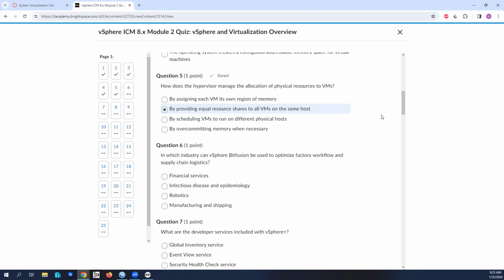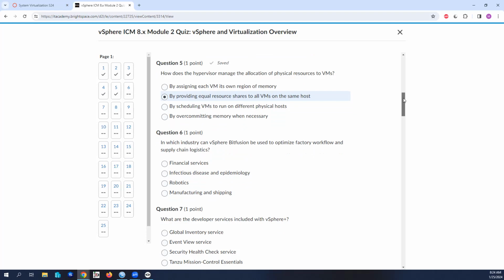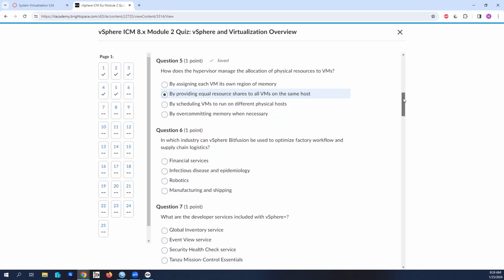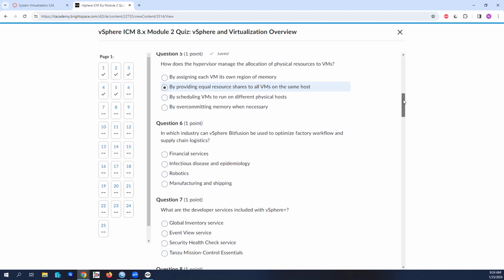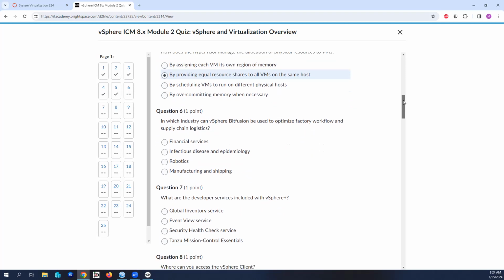But by default, everything's given the equal share. So if they both want to use something, they have to share it. If you had siblings, you didn't want to share with your sibling, but the hypervisor is the parent, makes them share.